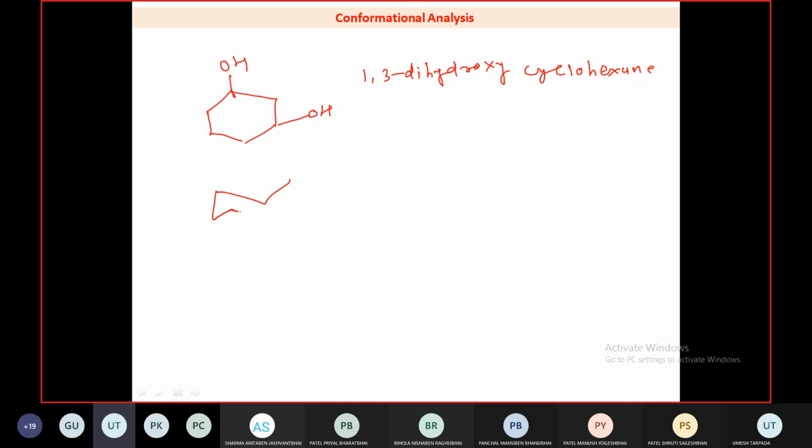Some things you can keep in mind. Sometimes, see, an OH group is at position number 1 and 3. I will draw the possible structures of 1,3-dihydroxycyclohexane. One is this one, structure number 1, axial. The second one is equatorial, axial.